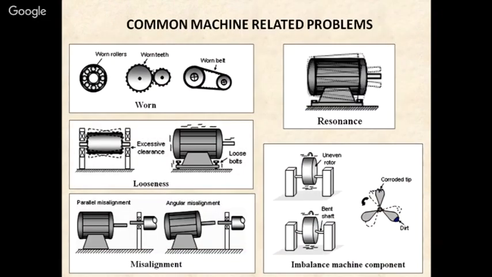So these are some of the common machine related problems. As you know, in industries there are conveyor belts, gearboxes, etc., which are used to drive the kinematic tool chain ahead of the motor. The motor drives the whole machinery, but these mechanical parts are also subject to wear over time.